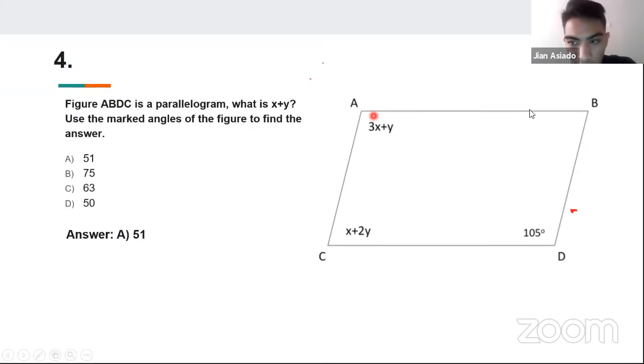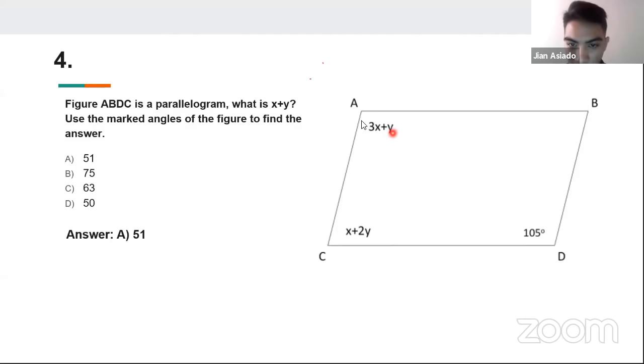ABDC. ABDC. Okay, parallelogram daw siya, no? And then, ang tanong, what is x plus y? No? Kasi x plus y nandito din. Ngayon, kung saan siya napupunta, no? Ngayon, paano natin i-isolate si x? At i-isolate din si y para mapag-add mo lang silang dalawa. No?